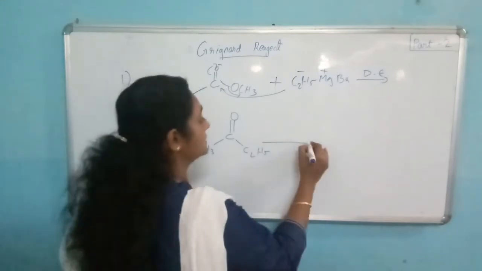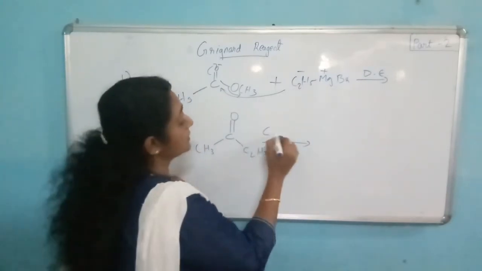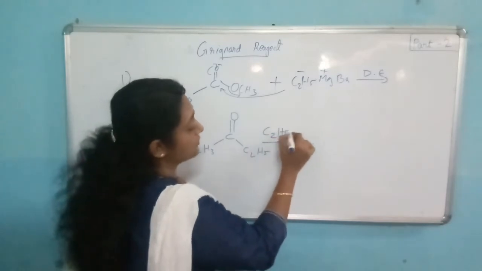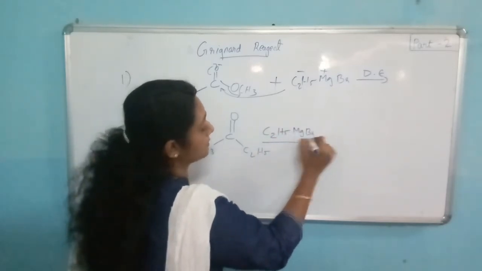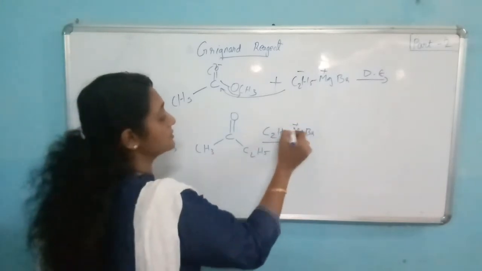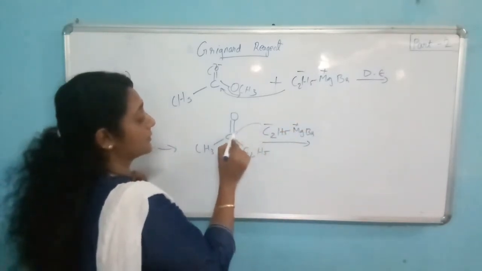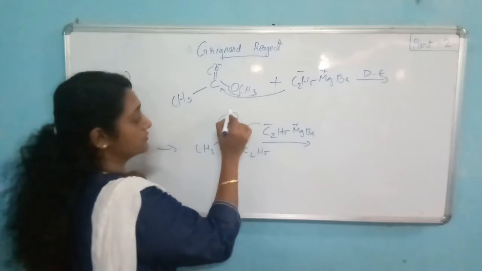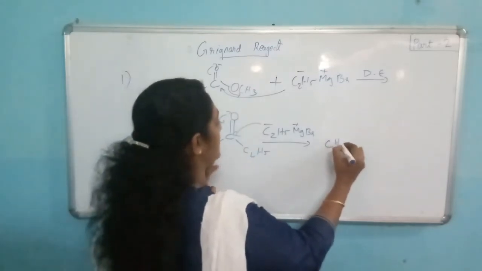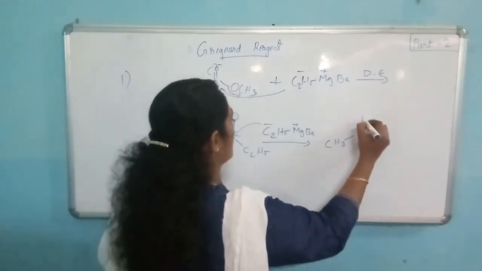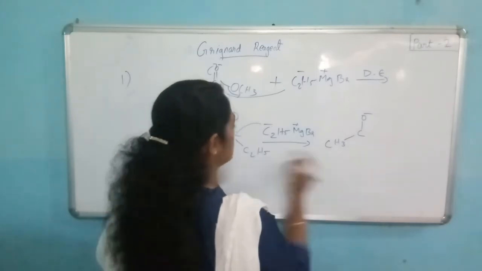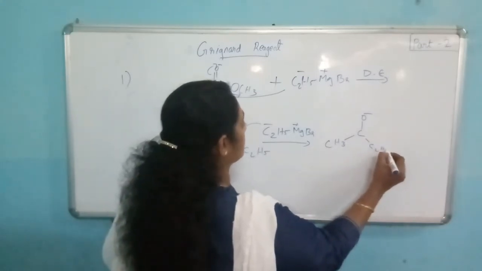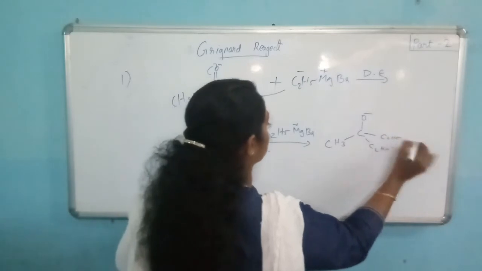Ketone is highly reactive. Again, it reacts with another mole of Grignard reagent, C2H5 MgBr. Same reaction, Mg plus, C2H5 minus comes and attacks the carbonyl carbon, the bond shifts to oxygen. Again, CH3, CO minus, C2H5, and here also C2H5.